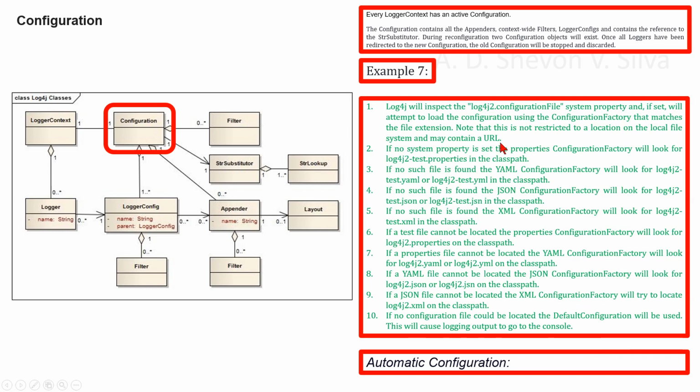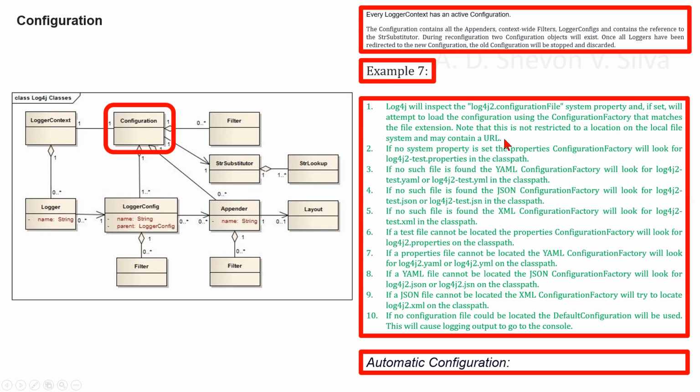Step 1. Log4j will inspect the log4j2.configuration file system property, and if set, will attempt to load the configuration using the configuration factory that matches the file extension.